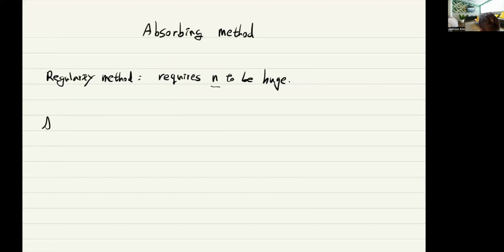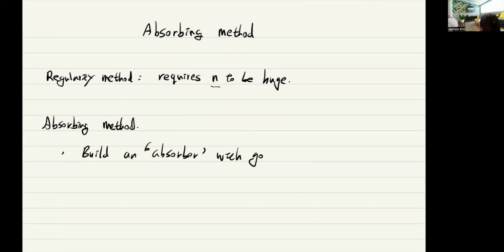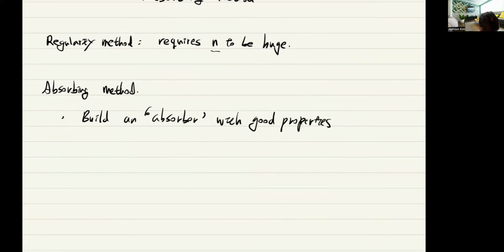And what's the absorbing method? Roughly, how it goes is you build an absorber with some good property. And whatever this absorber is, we build an approximate structure.